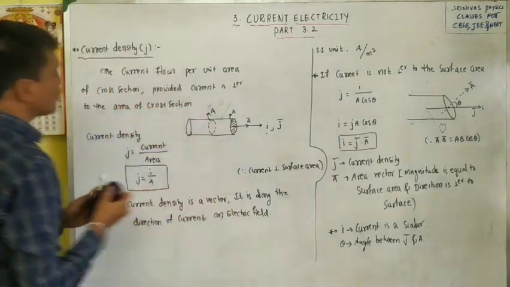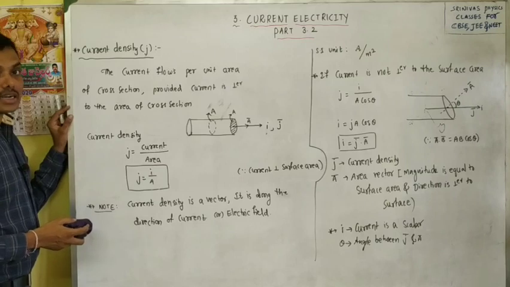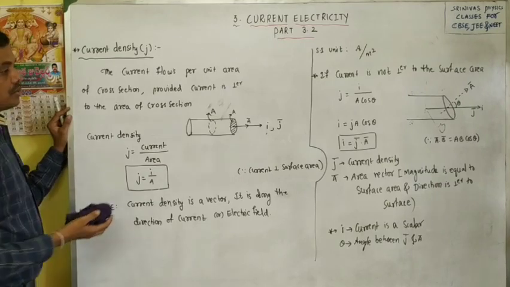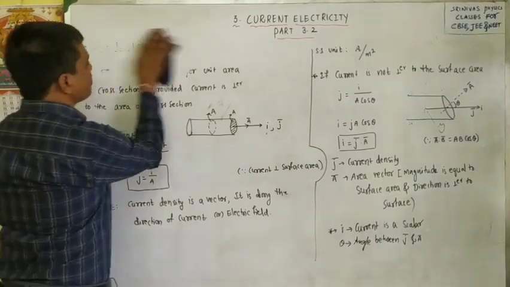Now I am going to tell the next continuation, the relation between the current density, the conductivity and the electric field. That formula I am going to derive. It is important. Take a screenshot and note it.